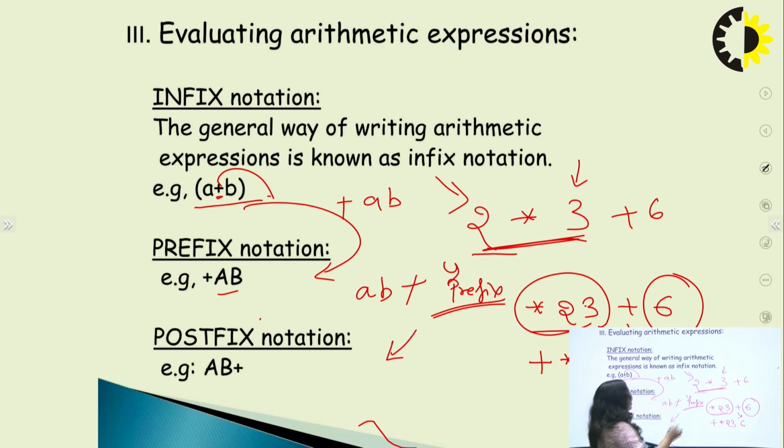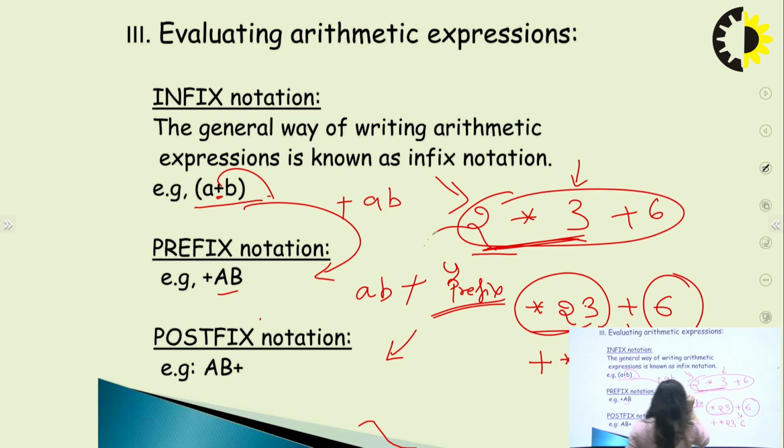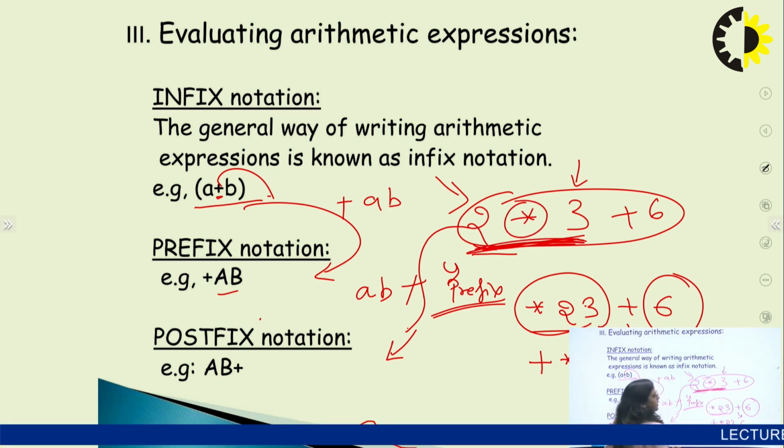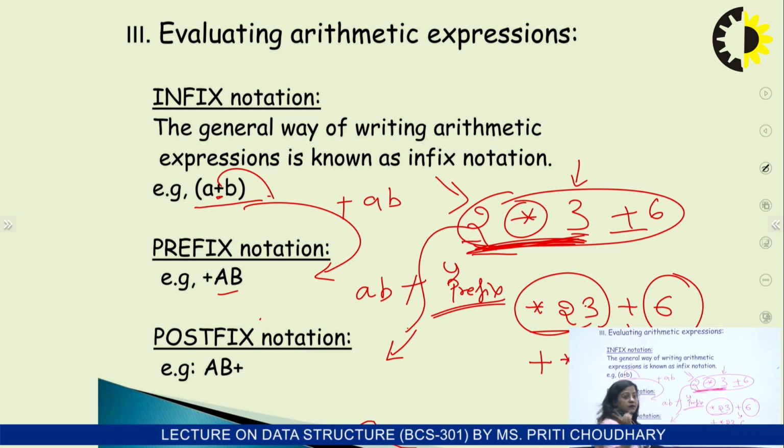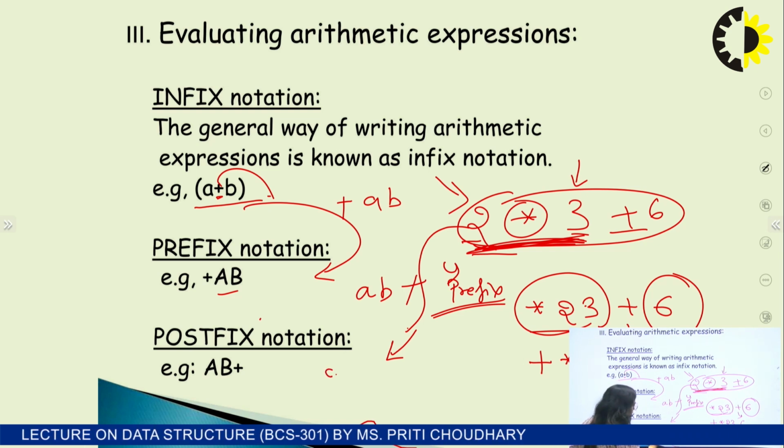This is infix notation, and we convert this infix notation into postfix. According to postfix, apply the first operand first, then the second operand, after that the operator. So firstly this is solved first, because the precedence of star is higher as compared to plus. This is the first operand, this is the second operand, and we convert into postfix: 2, 3, then multiply.